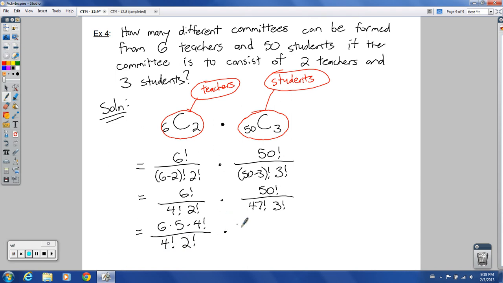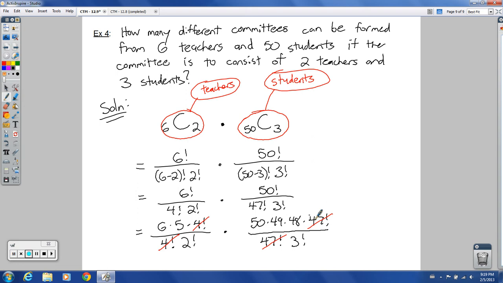This would be 50 times 49 times 48 times 47 factorial over 47 factorial times 3 factorial. Writing it like that, that cancels with that, and that cancels with that. That makes it a lot easier to deal with.